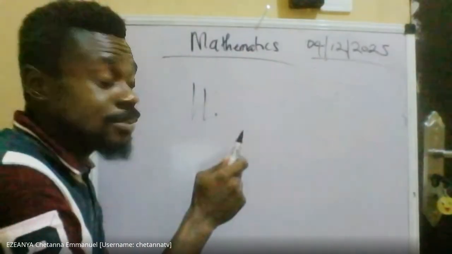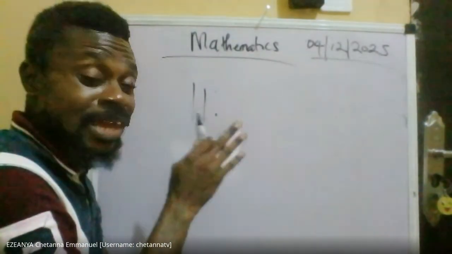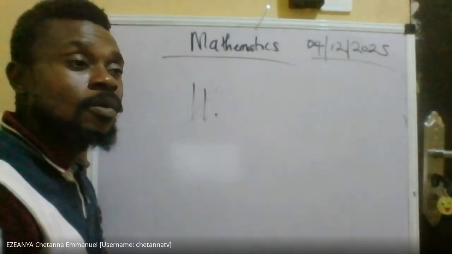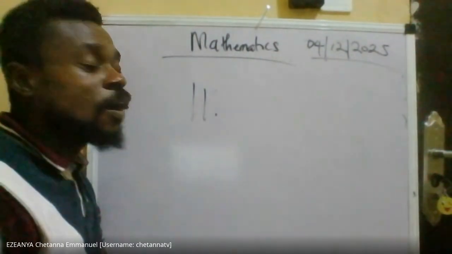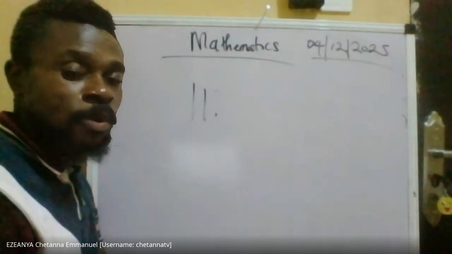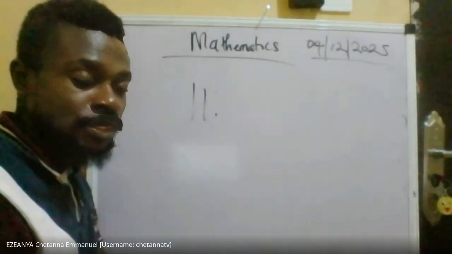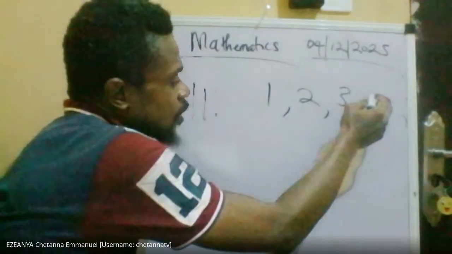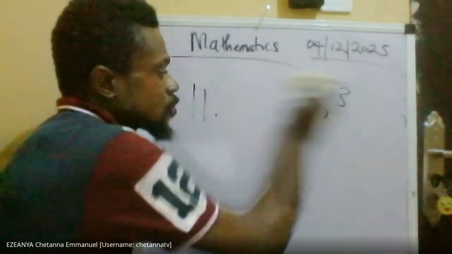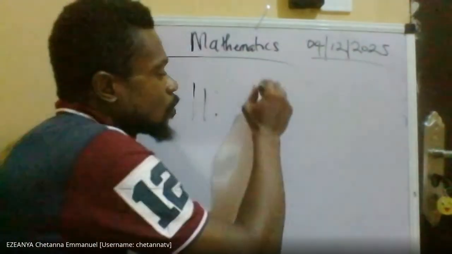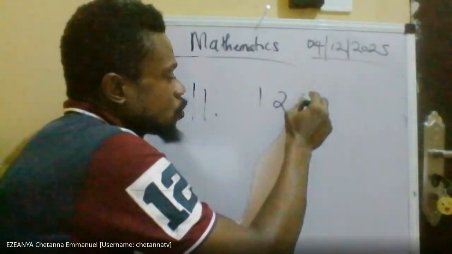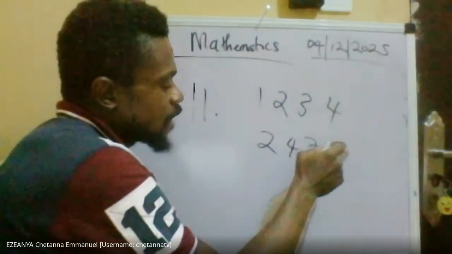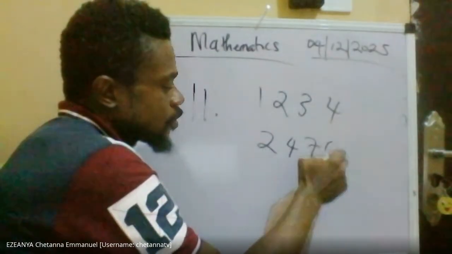I'll write a number now, and you tell me which positions are odd and which are even. 1, 2, 3, 4.